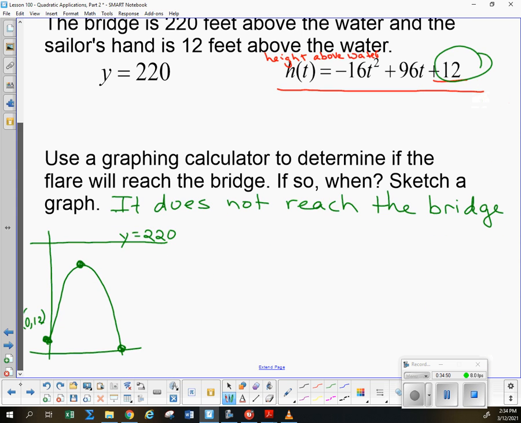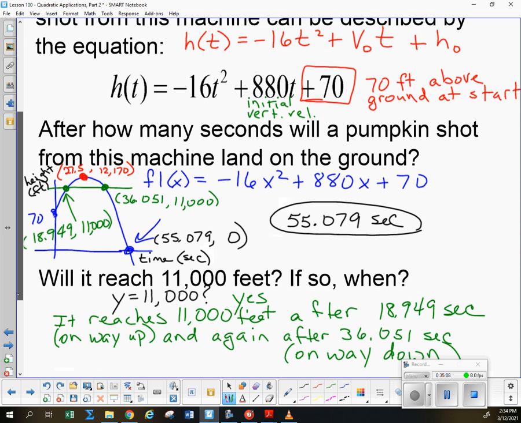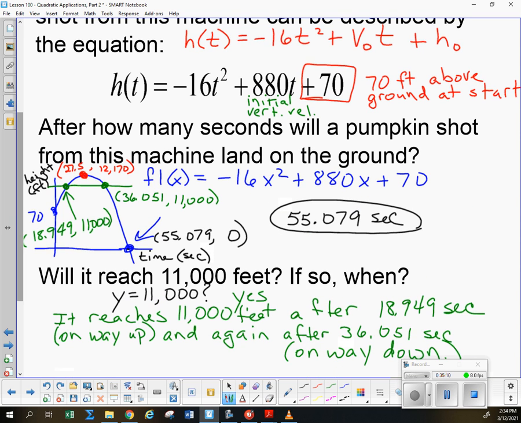For this one, I did get the 12 on there, and the y that I also needed to label was, this one was time in seconds, and this one was height in feet. And back to example 1, I did get the labels on that one. So you guys continue working on quadratic applications problems part 2, since that is your homework set.